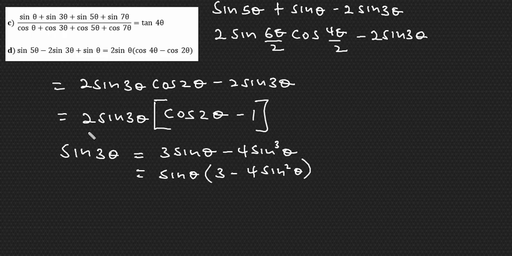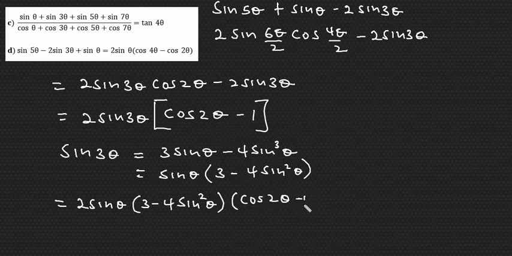So back here we are going to have a 2 sine theta, and you now see we have it here, then times this 3 minus 4 sine squared theta, that bracket, and another bracket of course cos 2 theta minus 1.